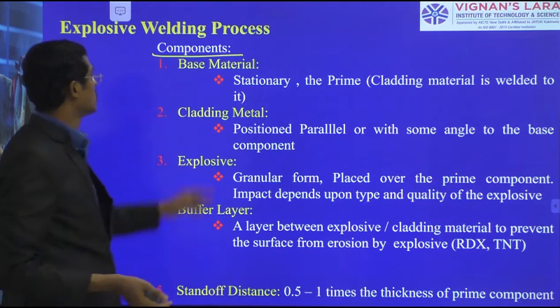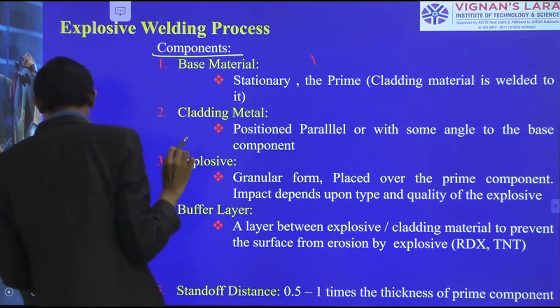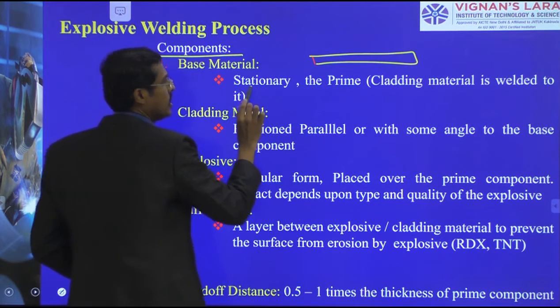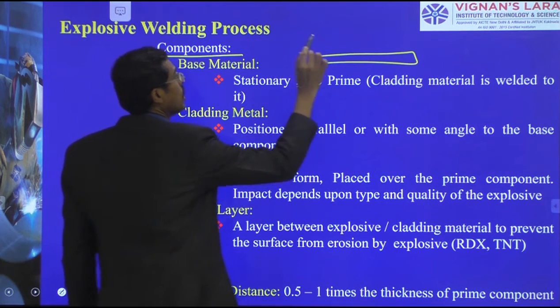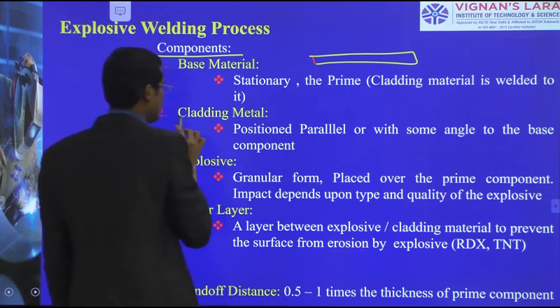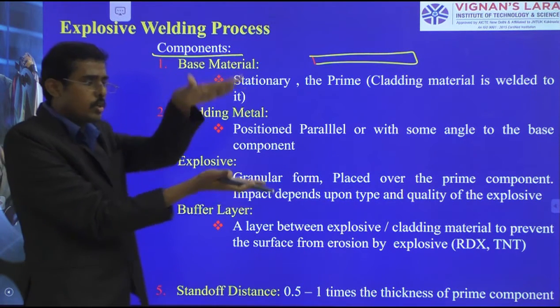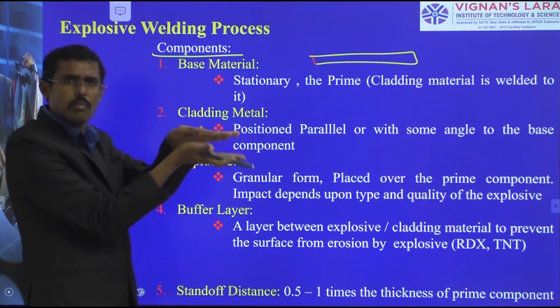That we will see. I have taken one component of base material here, stationary, to which the cladding material is to be welded. So one more component I have to take here, that is called the cladding material. That is our concept also: the cladding material to be pasted over there, stainless steel to be welded over the normal mild steel.